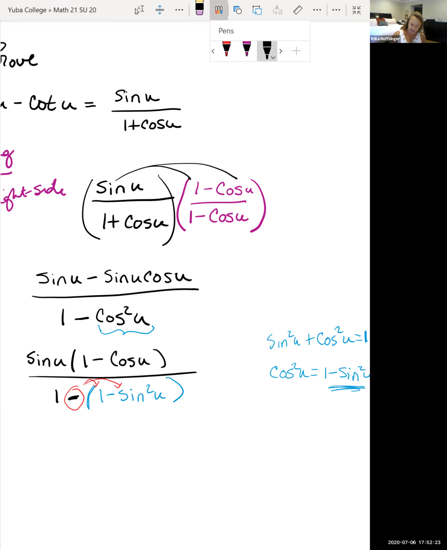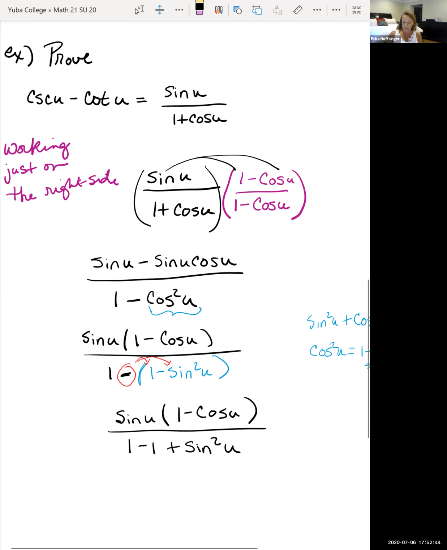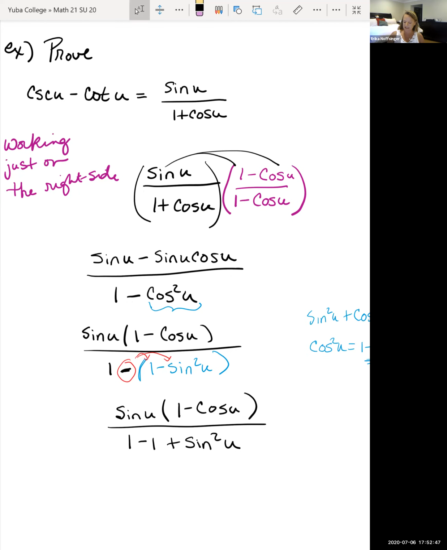So we have sine u in the numerator times the quantity 1 minus cosine u all over 1. We'll distribute in the negative. I get minus 1 plus sine squared u. Notice our ones cancel.